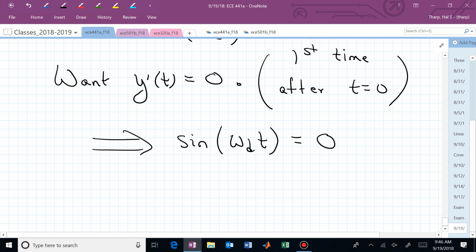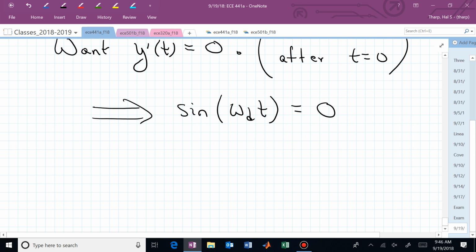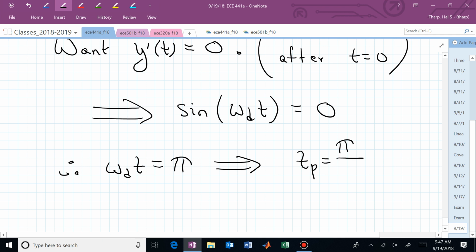When is the sine equal to 0? At pi, that's the first time after 0, right? At 0 it's 0, but then at pi is the first time. So now, therefore, omega sub d t equals pi. And that now gives us our peak time. T sub p, if we solve for t, is just pi over omega sub d.